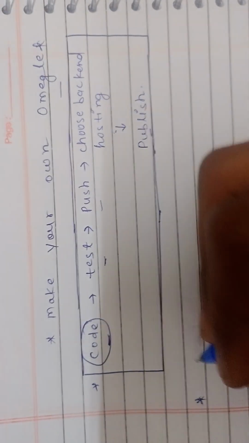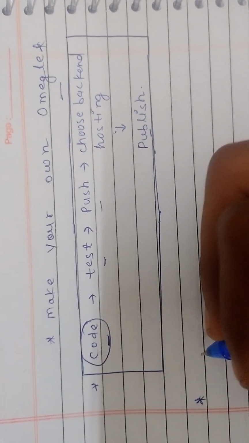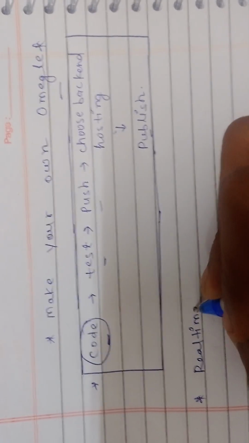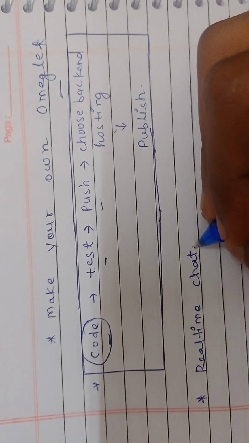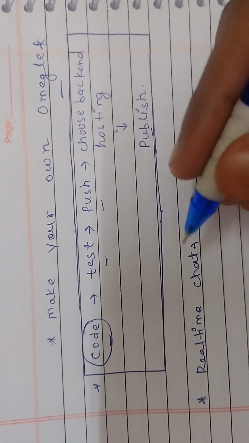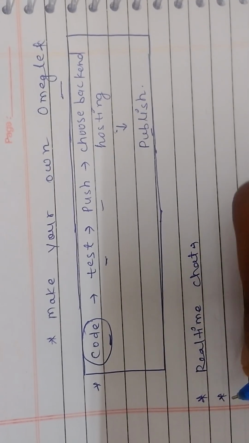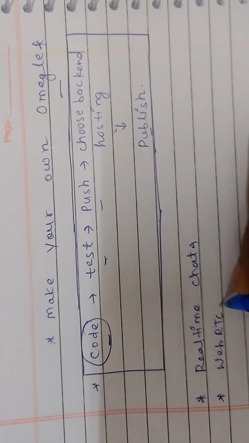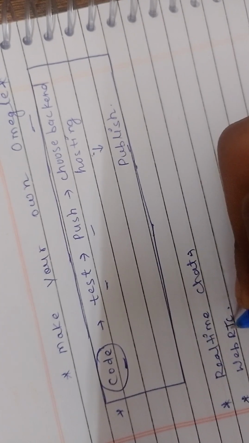First of all, if you want to build an Omegle, you need all the requirements, like real-time chat. This is the most important thing to know: real-time chat is very necessary. After that we will use WebRTC in JavaScript.